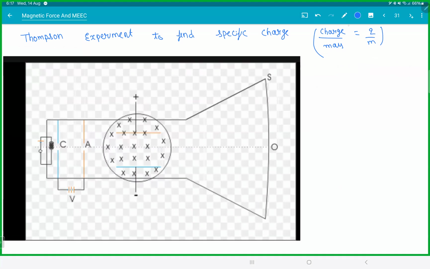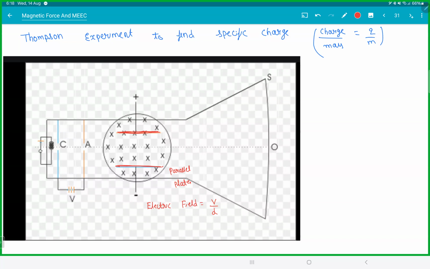So this setup, right? We have two parallel plates here. These red ones are parallel plates. They're connected by a battery, and the electric field would be potential difference by distance, where V is the voltage of the battery.